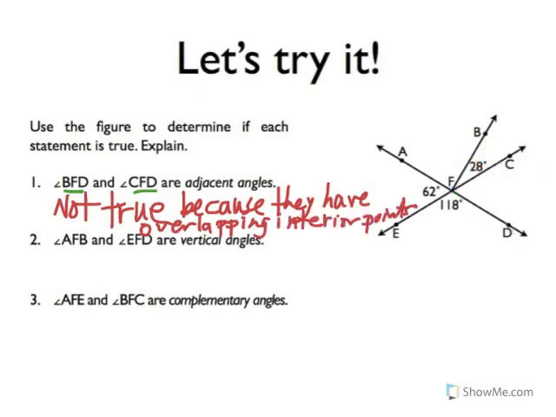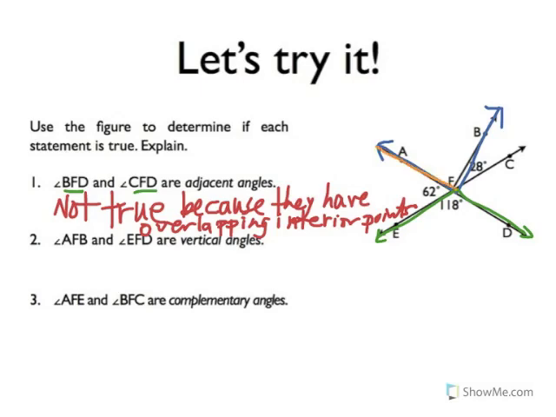Moving on, are angle AFB and angle EFD vertical angles? Well, angle AFB is this angle here, and angle EFD is this angle here. To be vertical angles, they must be two angles, and their sides must be opposite rays.